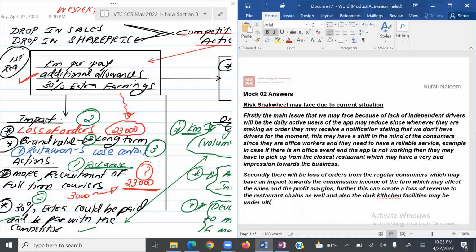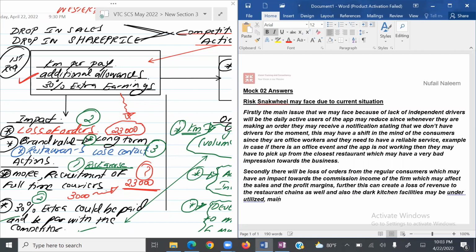Again, understand the term, students. May be what, students? Underutilized. That is one more point of view. Get this understanding of this application very, very well, because that's the point of view. Mainly because of lack of transport available.